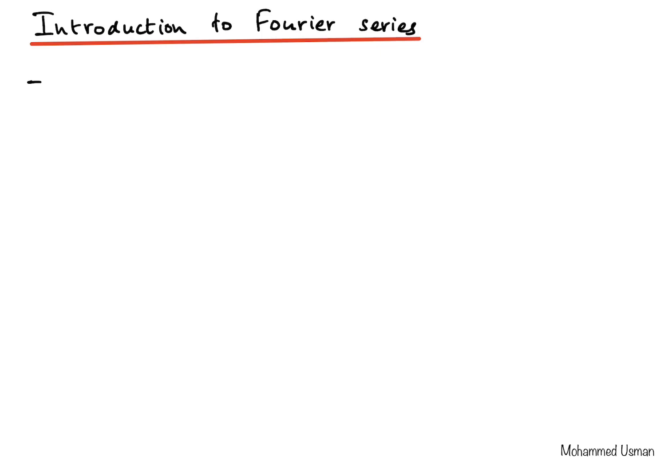Fourier is the name of the mathematician who developed these techniques. Up to now, we have been talking about time as our independent variable, so in all our signals the x-axis was the time variable. Now in the Fourier domain, the x-axis will be represented by frequency. So the analysis is going to be done in the frequency domain.